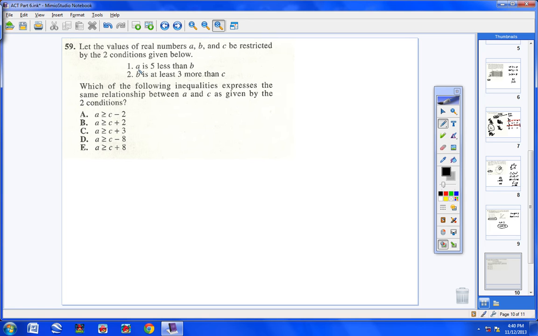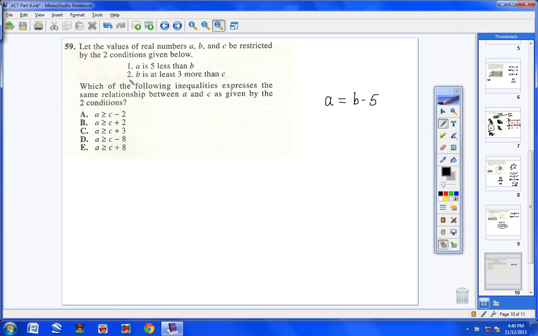So number one, A is 5 less than B. So "is" means equals in math terms, so A equals, and if is means equals, then I have 5 less than B, so B minus 5.